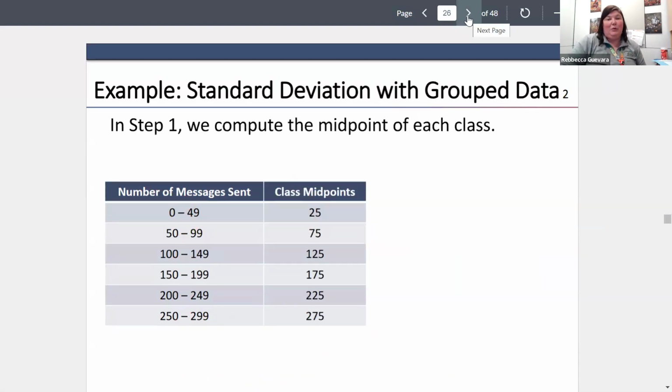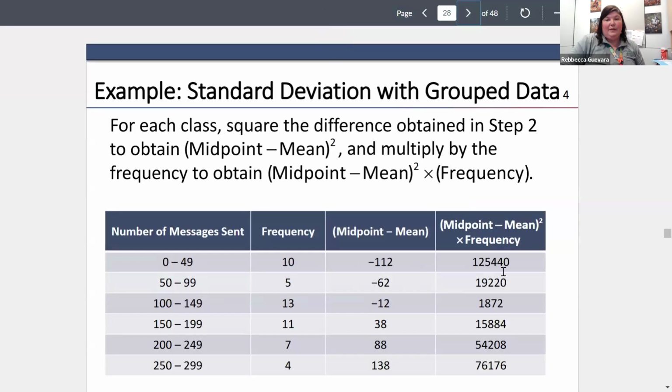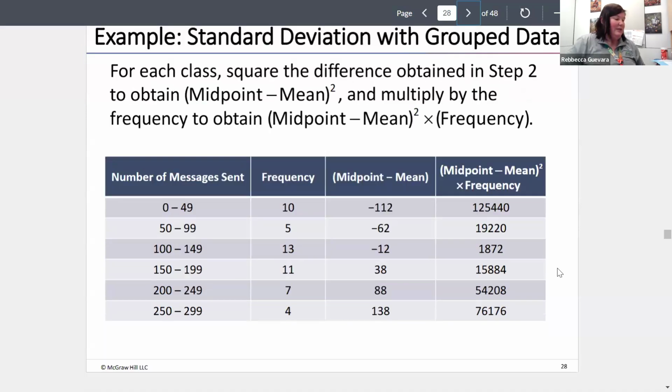Like I said, we need our midpoints minus our mean. So this would be all of them. Then we square it and multiply by its frequency. The next thing we want to do, once we have that midpoint minus mean squared times the frequency, is add that up.